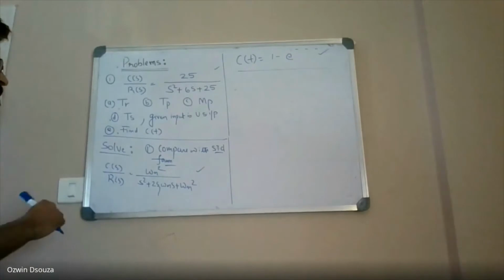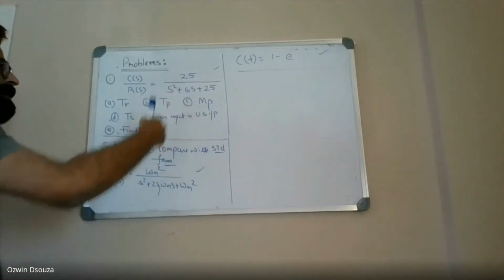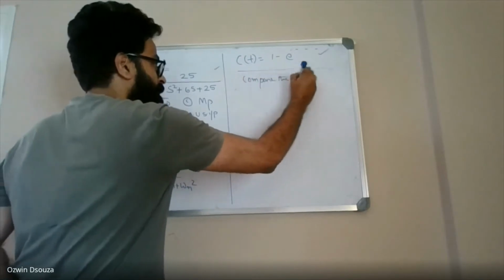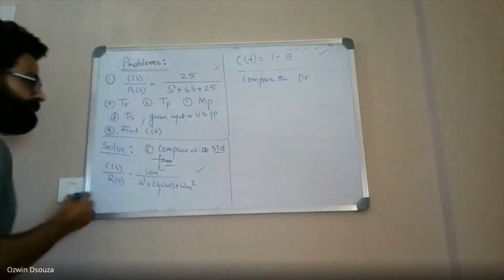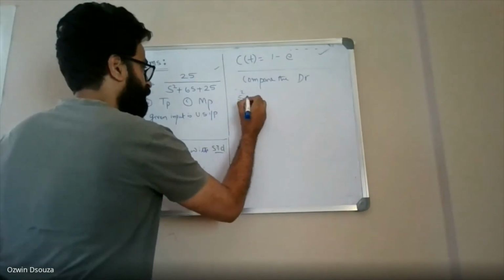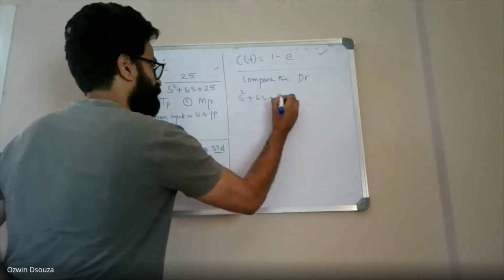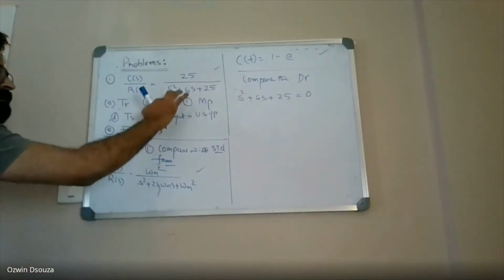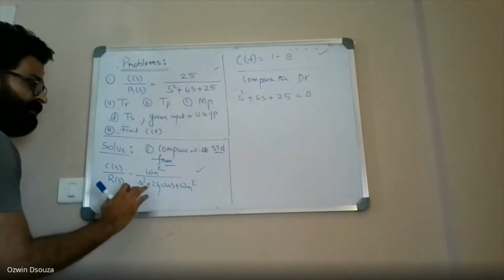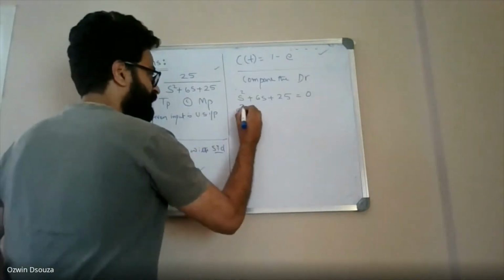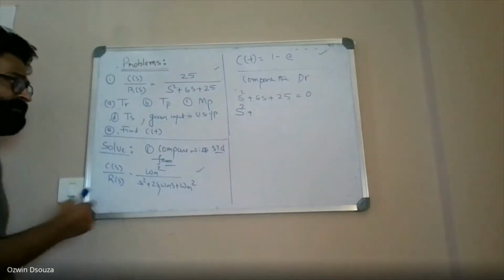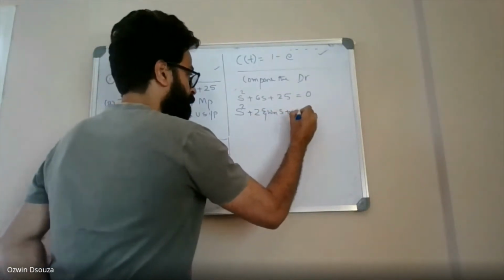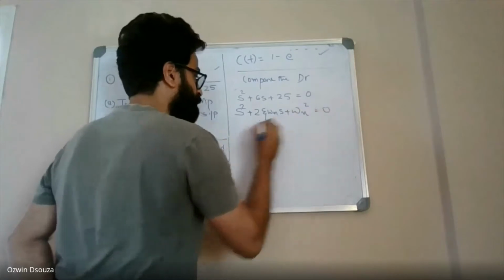Now we'll compare the denominator. On one side you have s squared plus 6s plus 25 is equal to 0. That's your given characteristic equation. You compare it with the standard characteristic equation of a second order system, s squared plus 2 zeta omega n s plus omega n squared is equal to 0.